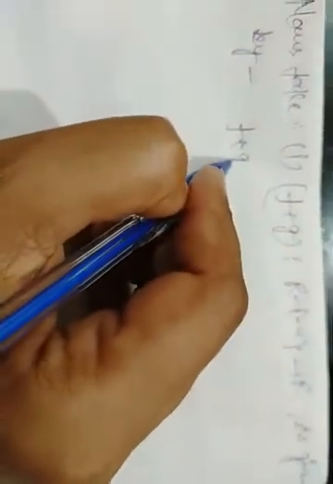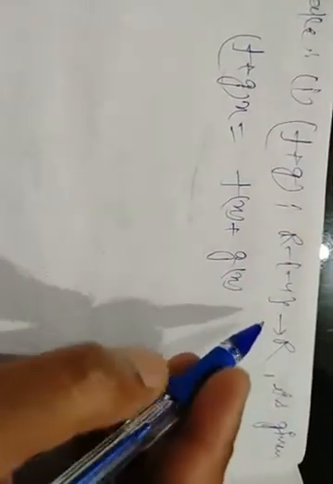Let's see. F plus g of x is equal to f of x plus g of x. And the value of f of x is 1 upon x plus 4, and the value of g of x is x plus 4 whole cube.